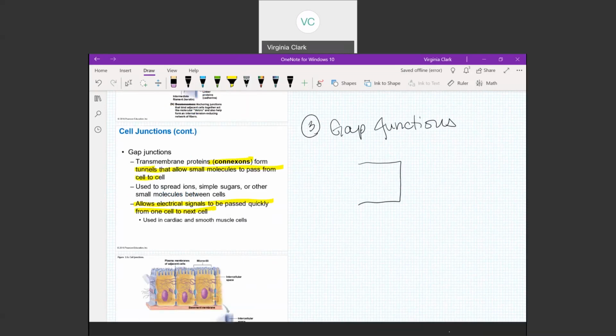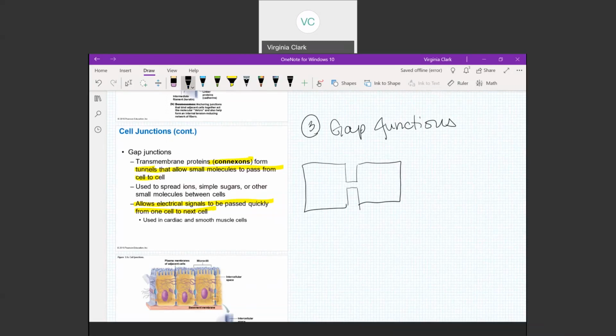So rather than being separate, it's just this tiny little space between the two that's missing, and it forms a bridge.